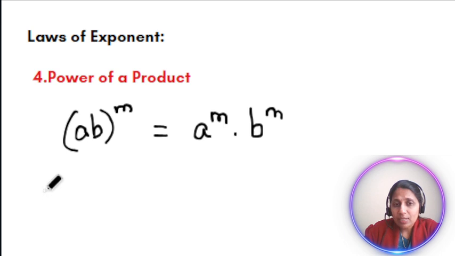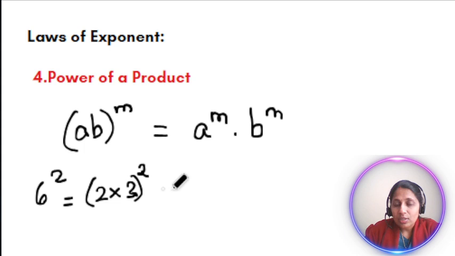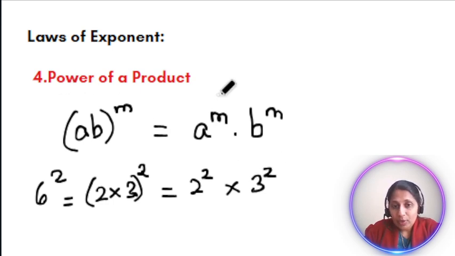Say for example, 6 to the power of 2. 6 is nothing but 2 times 3 to the whole power of 2. So 2 to the power of 2 multiplied by 3 to the power of 2 using our power of a product, right? Then again, 2 to the power of 2 is 4 and 3 to the power of 2 is 9.